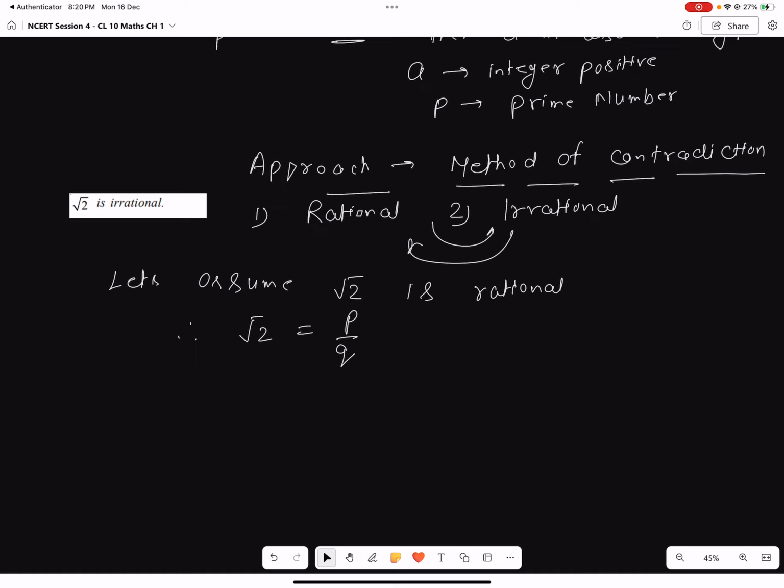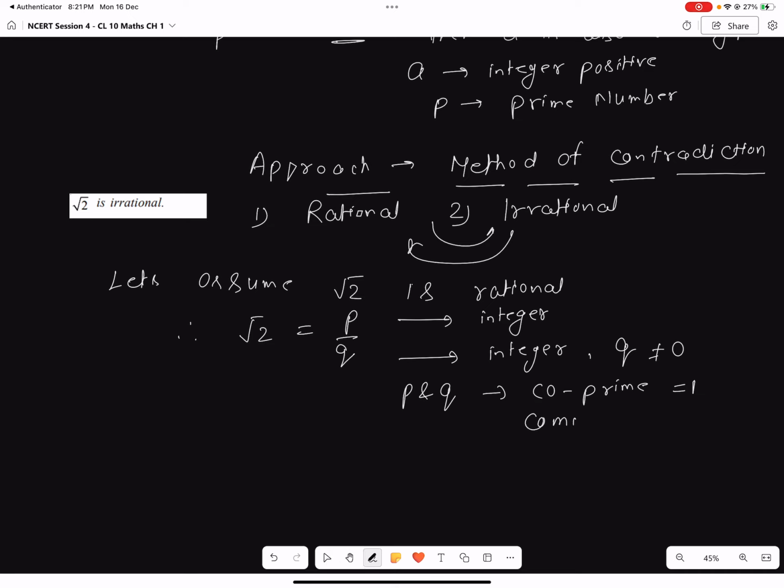And here the properties of a rational number are p is an integer, q is an integer, q is not equal to 0, and p and q, the co-prime, HCF is 1. That means their only common factor can be number 1. Cool.